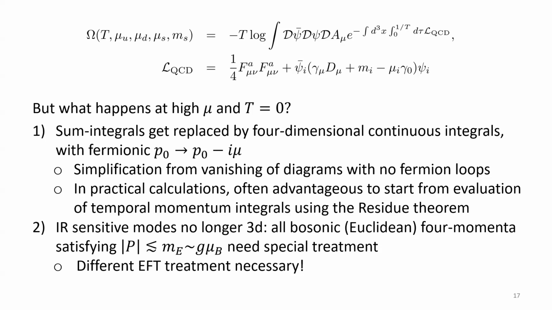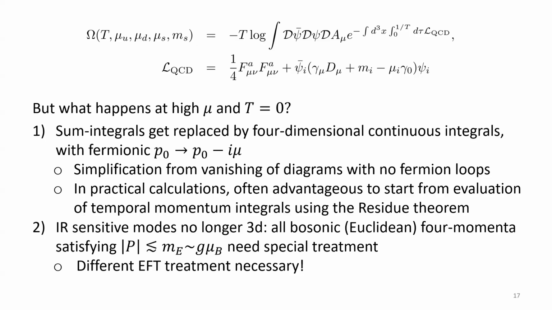But this, of course, is no longer the case at zero temperature because there are no longer Matsubara modes. Rather, what one notices is that it's a finite part of the four-dimensional momentum space that somehow is infrared sensitive.